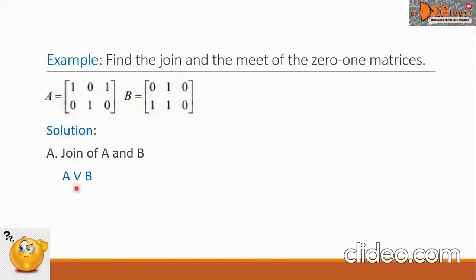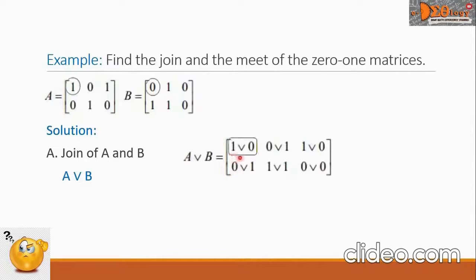We're going to do the OR operation to corresponding entries of the matrices. Remember that for the OR operation, the value is always 1, except when both entries are 0. So we are going to write the join to be like this, A OR B. For the first entry, this is 1 or 0, and this is equal to 1.